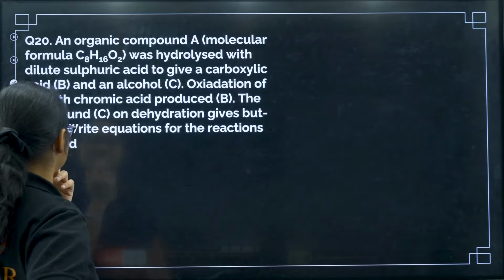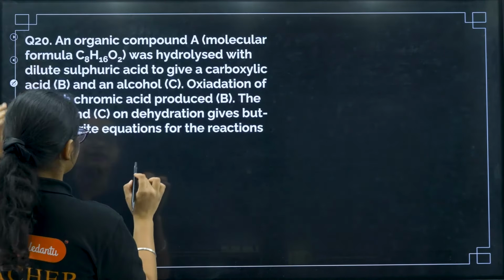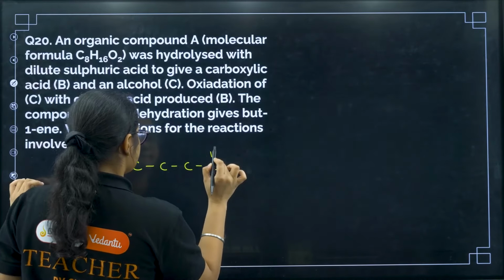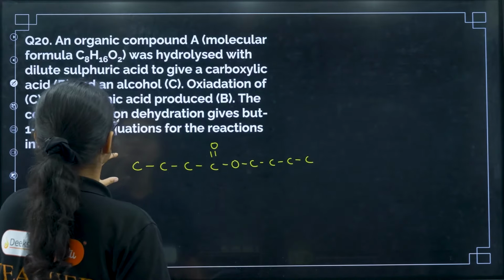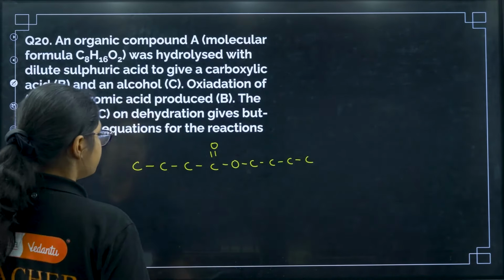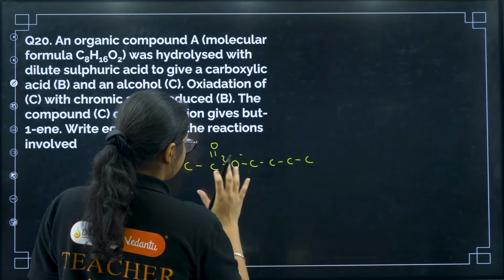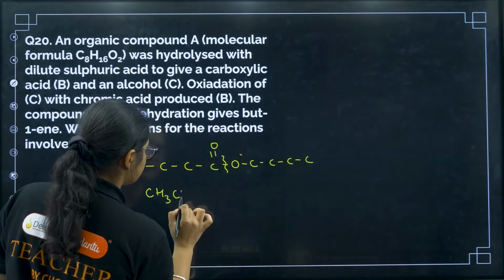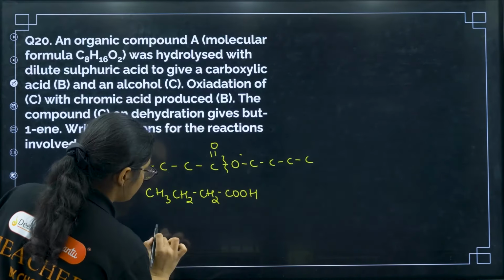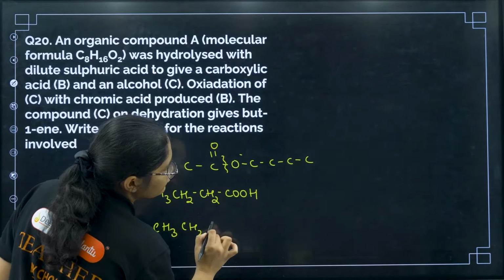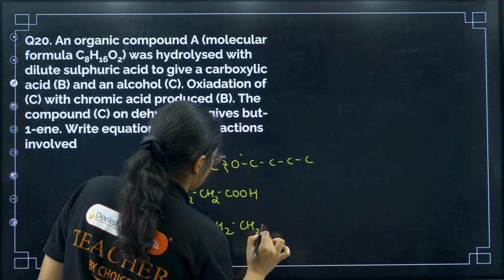Okay, so I can first draw an ester of C8H16O2. So what will happen? When I treat it, this bond will break here, and I will get CH3CH2CH2COOH, and then CH3CH2CH2CH2OH.